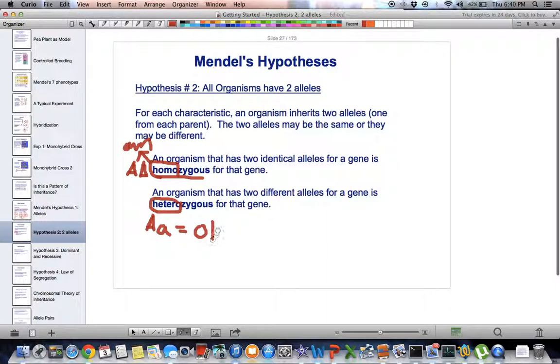Okay, other. Oh, look at that cursive. That came out well. So there are 2 forms of alleles, and 2 identical alleles give us homozygous, whereas 2 different alleles give us the other kind, heterozygous.